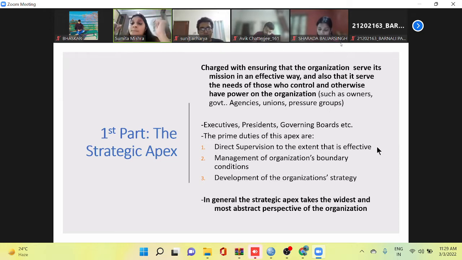So, what does it mean? And the interference of government bodies. Yes, Sudhir, the interference of government bodies in the organization. Not only interference of government.